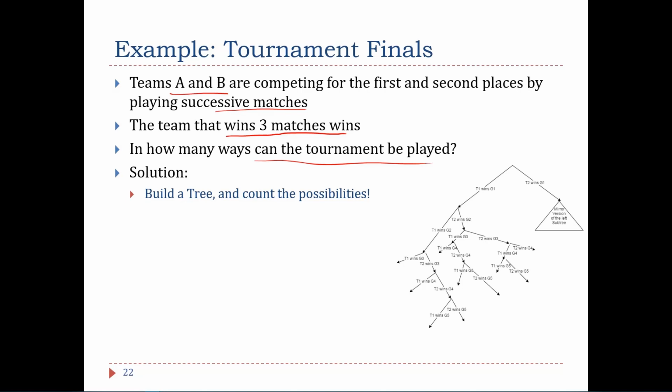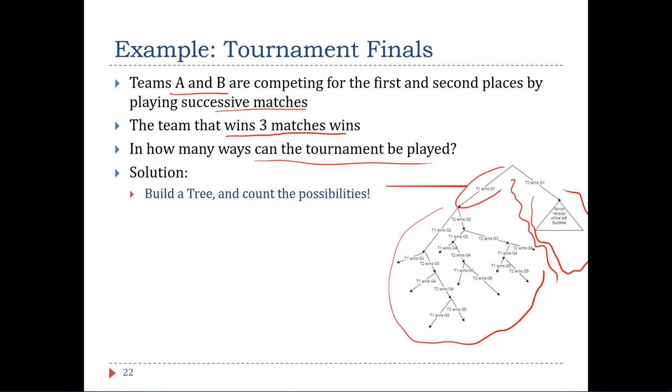So your tree would be symmetric, actually. It's kind of a mirrored tree because if in the first match T1 wins, you would have all these possibilities. But if T2 wins, then you may also have all the subsequent possibilities. So if T1 wins, then maybe the next match T1 wins, and then T1 wins, and then it's over. Okay.